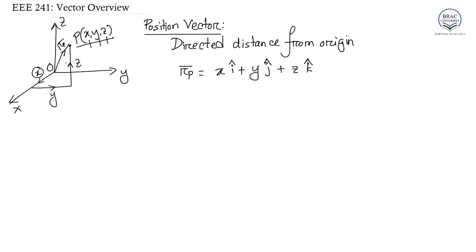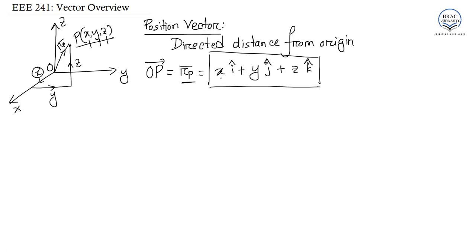So in this case, the RP vector, which is unclear in the picture, I suppose, the OP vector basically will be called the position vector of P. I mean, any vector that is directed from the origin to the point that we are talking about is the position vector of the exact point. So RP is the position vector for P, and we can write it as this notation, all right.